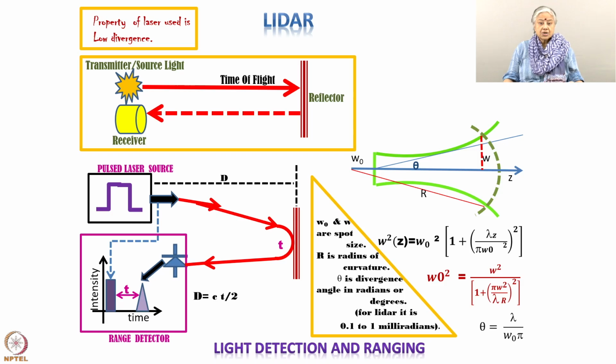Okay. So, in its absolute basic form, it is given in this yellow square box. In its basic form you have a transmitter or a source of light. I have not said whether this is a laser or not, it can be any light. The principle is you let that light go to your reflector, you keep a reflector here, and some part of it gets reflected back, and you put a receiver or a detector here which will detect that light.